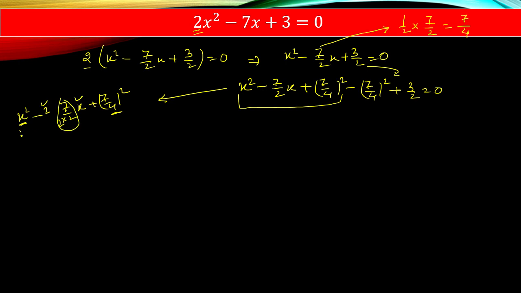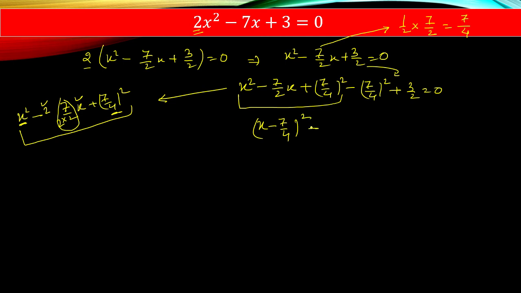So we can say this is like a minus b whole square, where a is x and b is 7 by 4. So this is a complete square, the square of x minus 7 by 4. So this is x minus 7 by 4 whole square.